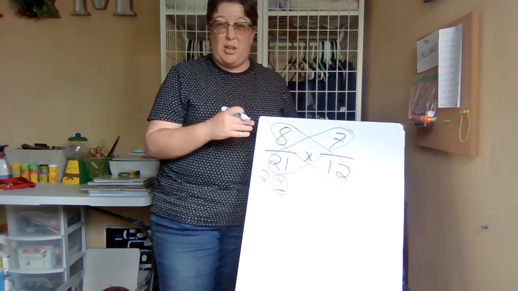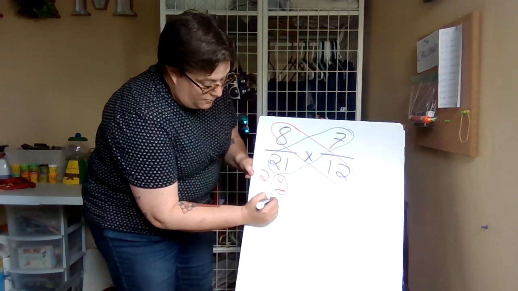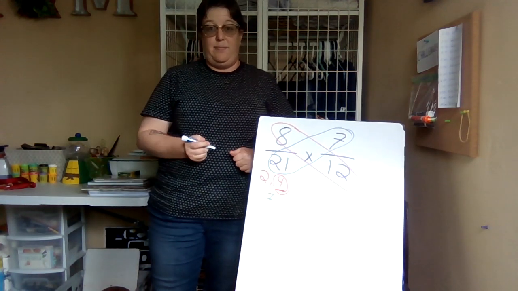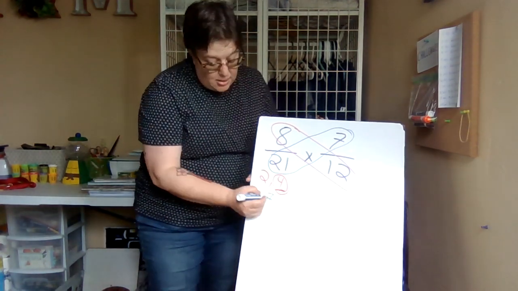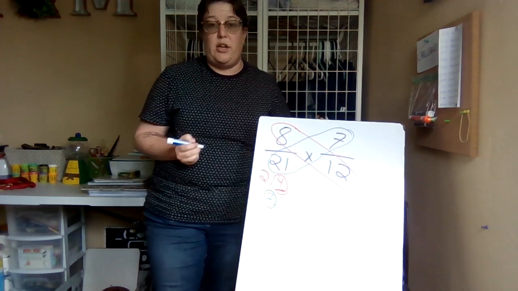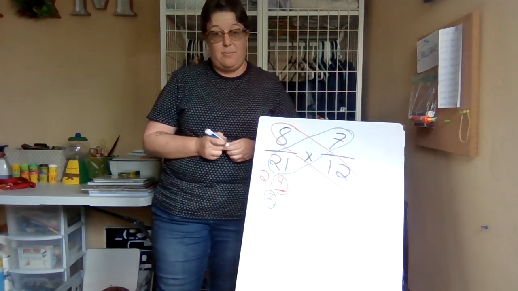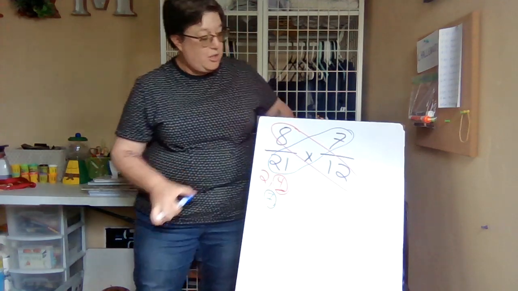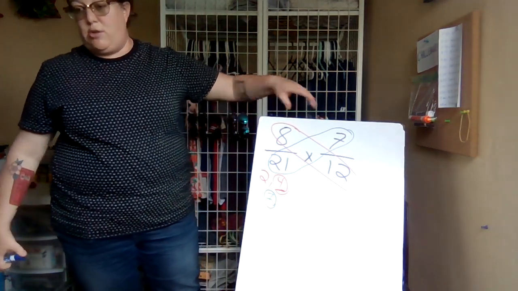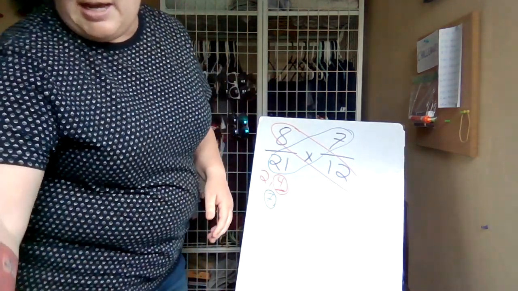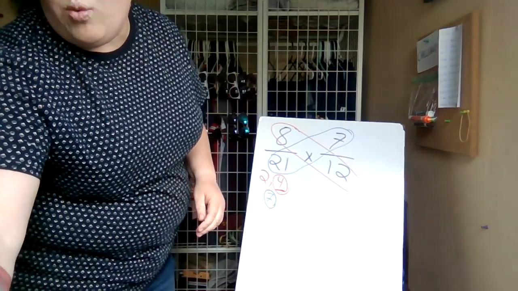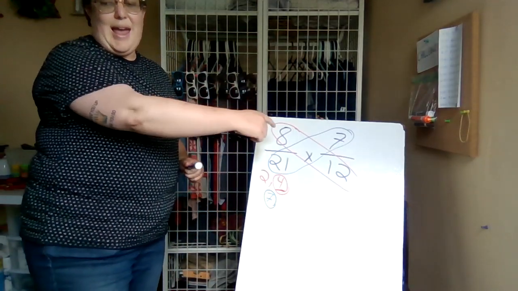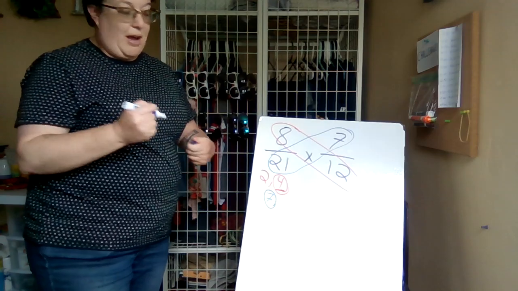So the only number that can go into both of those is 7. So in our second step, we're going to divide both by 7. So stick with me so far. We've already figured out what each of those go into. Step number 3. We are going to divide 8 and 12 by 4.